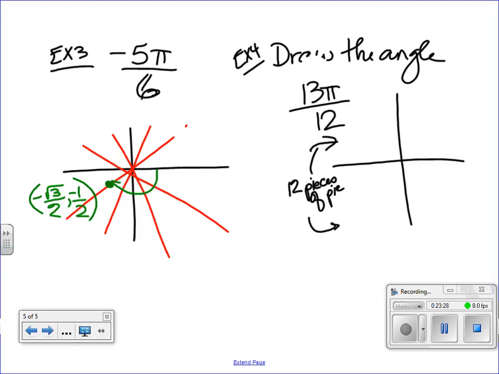Because if we've got 12 pieces of pie on top, plus 1 would give me 13. This right here, that's all I need to see. I need to see where these weird denominator angles land. You just draw an angle. You see how I drew the red angle? Draw the angle and put a point on there, and that's where 13 pi over 12 will land. It's in quadrant 3. Does that make sense?